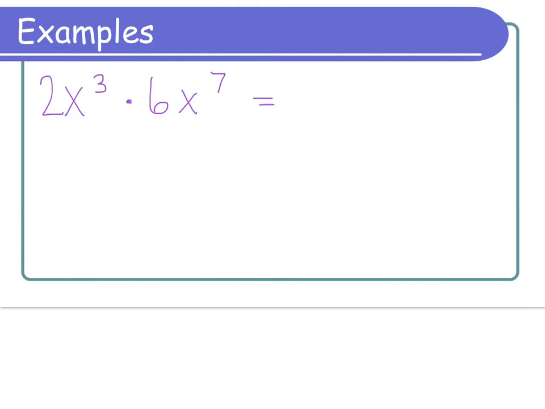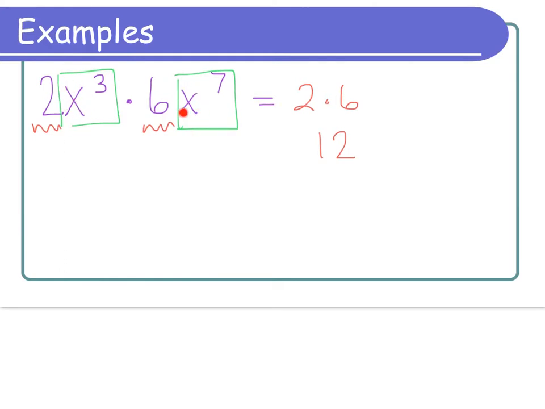Okay, first of all, it's a multiplication problem, and 2 and 6 are regular numbers, so they're going to multiply like usual. 2 times 6 would make 12. Our exponent rule comes into work when we have x to the third times x to the 7th. The base is the same.